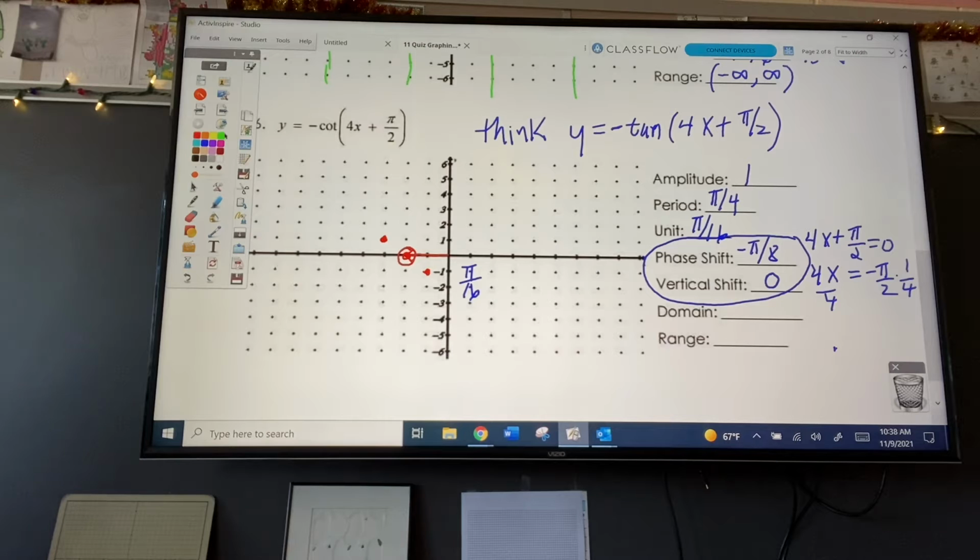I'll just do my asymptotes like I normally do. We're going to erase them though, because they're going to become zeros. So draw them really lightly.